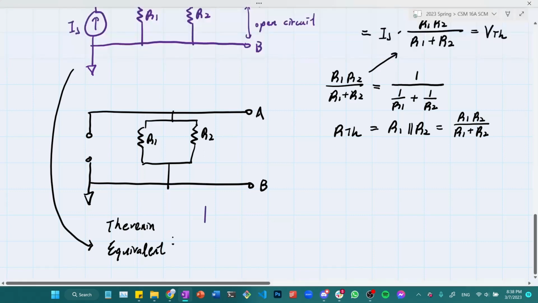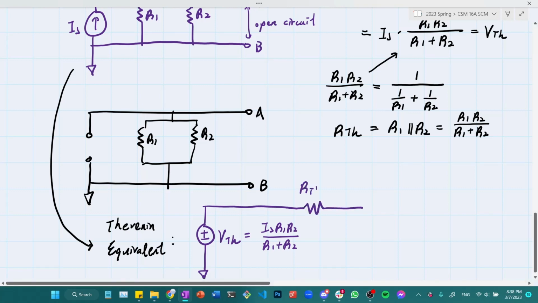Once again, I have a voltage source here, VTH is equal to what I have before, which is IS R1 R2 over R1 plus R2. And I have a Thevenin resistor here, which is equal to RTH = R1 R2 over R1 plus R2. Alright, nicely done. And then I will just draw the terminal back here.